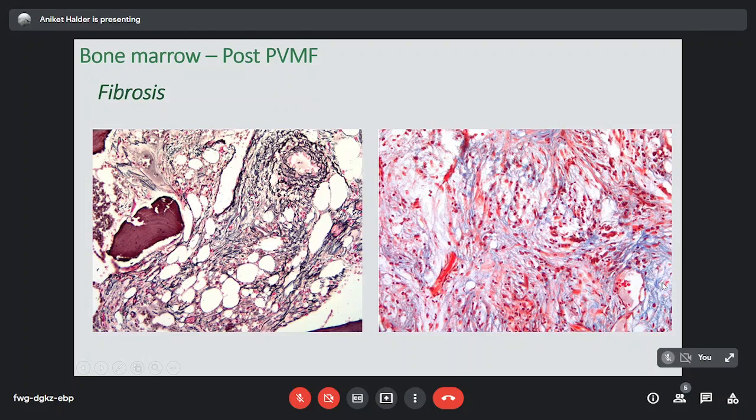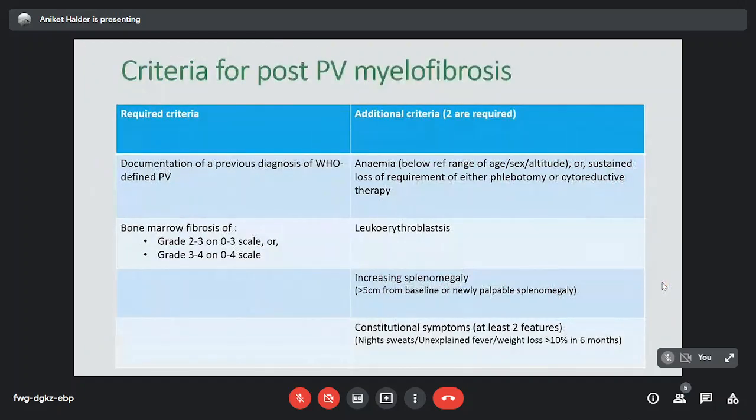Now, to diagnose post-polycythemia vera myelofibrosis, WHO has laid down some specific criteria, in which the two required criteria for diagnosis are documentation of a previous diagnosis of WHO-defined polycythemia vera. That means all the criteria of polycythemia vera should be there, and the patient should be a known case of diagnosed polycythemia vera, along with moderate to marked fibrosis.